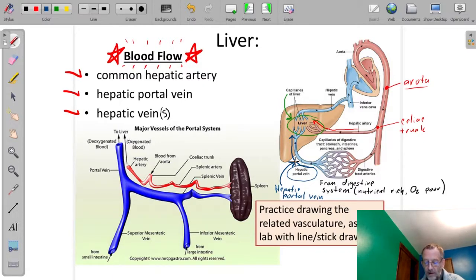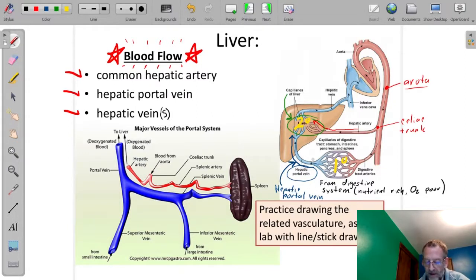So you recall that a portal vein connects two capillary beds. Here is our primary capillary bed, and then our secondary capillary bed. And the portal vein connects the two together, which is an unusual arrangement.